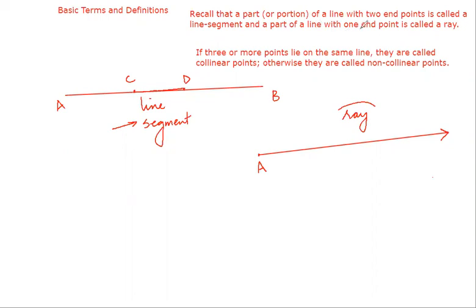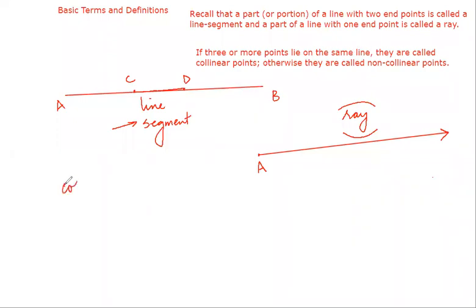Part of a line with one endpoint is known as a ray. Obviously, this is a part of the line because the line was possibly extended here also. We have cut that portion and taken only this part of the line with one endpoint A, and the other endpoint is not defined. A ray means it is extending towards infinity, but this end is not extending towards infinity. That's the difference between a line and a ray.